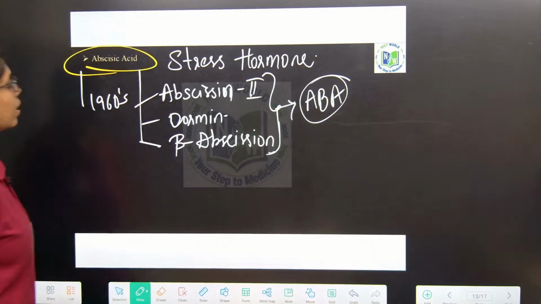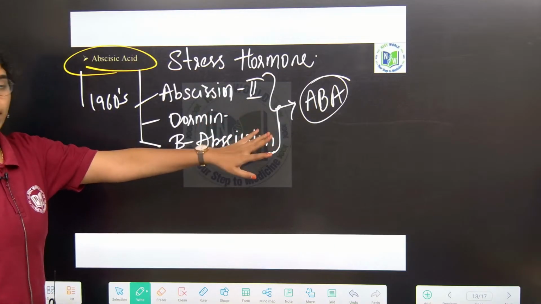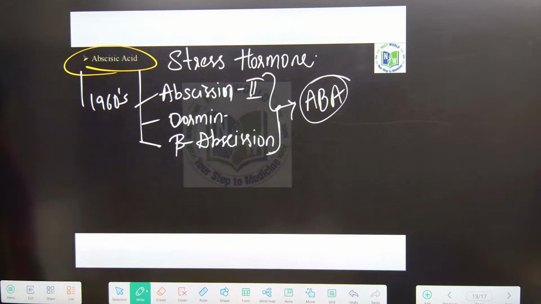Later they got to know that these 3 different active substances are nothing but one compound, abscisic acid. Fine. So, this is about the discovery of abscisic acid.